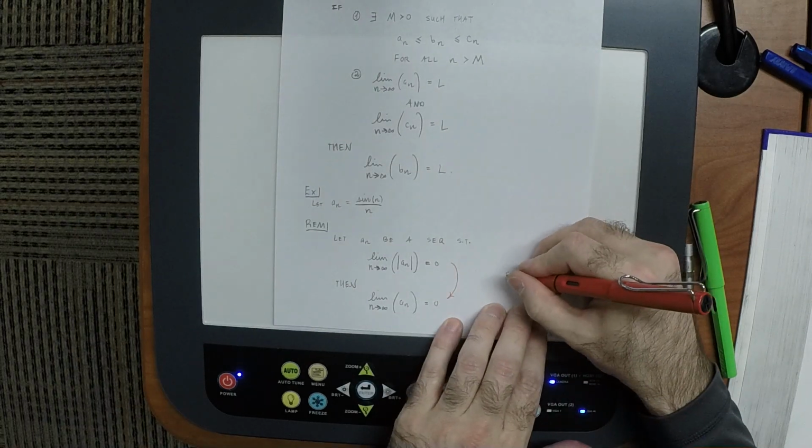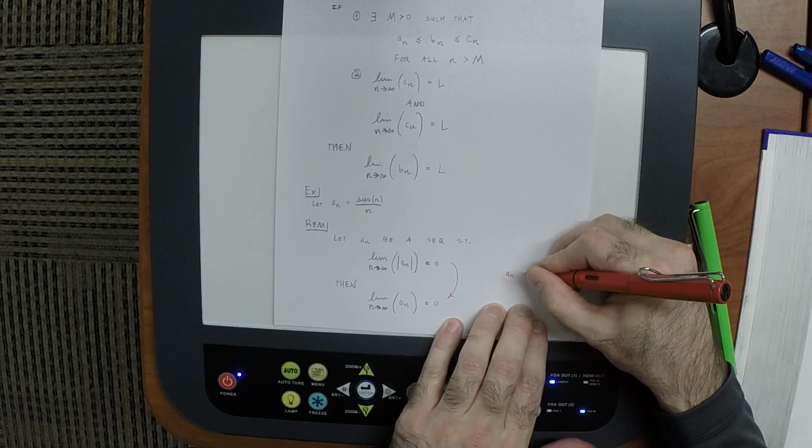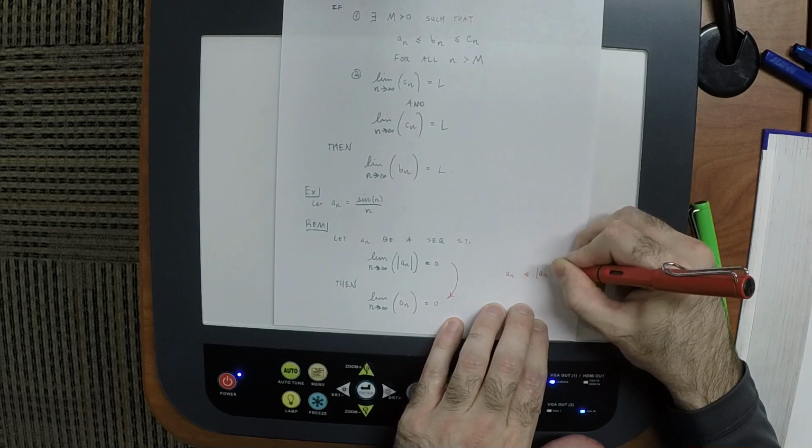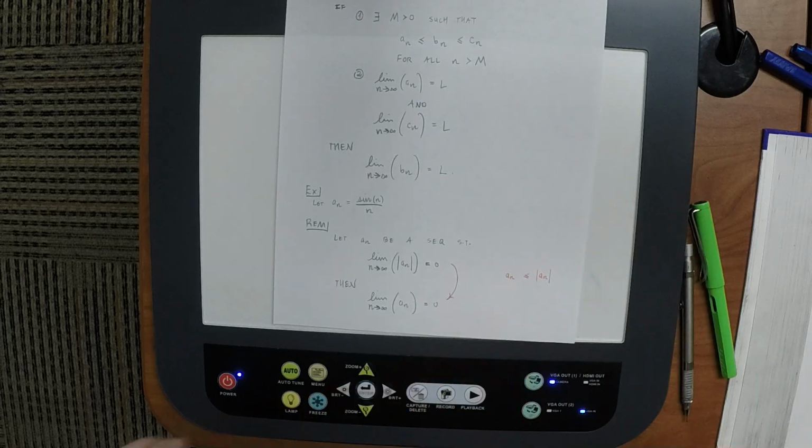Isn't it the case that a n is less than or equal to the absolute value of a n? Which is to say that suppose you have a number, then isn't that number less than or equal to its absolute value? Like is 3 less than or equal to the absolute value of 3? Yeah. How about is negative 3 less than or equal to the absolute value of 3?